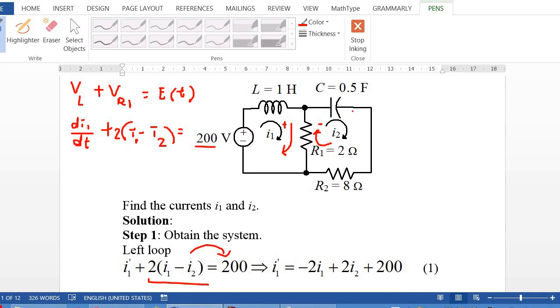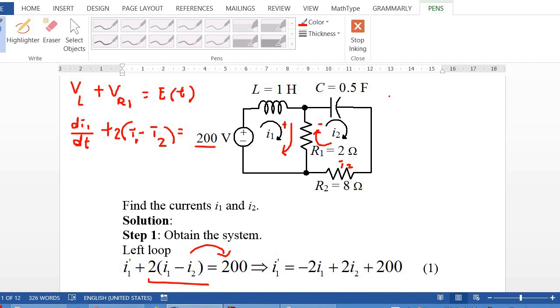On the right loop, we have the voltage across the capacitor, where the capacitance is 0.5 farads, and the current that flows through the right loop is I2. Only I2 flows through the resistor R2, but for R1 we have I1 and I2 in opposite directions.